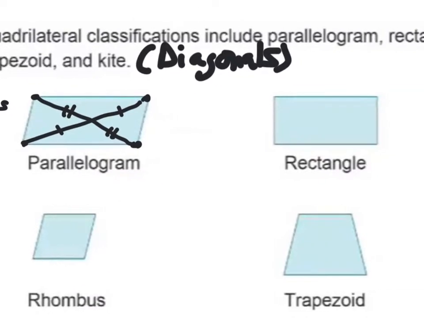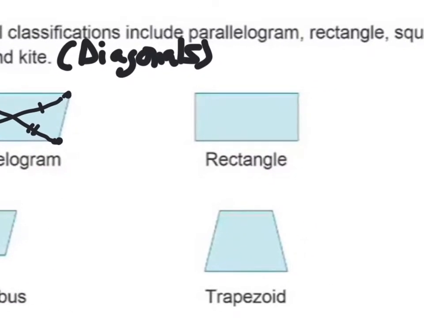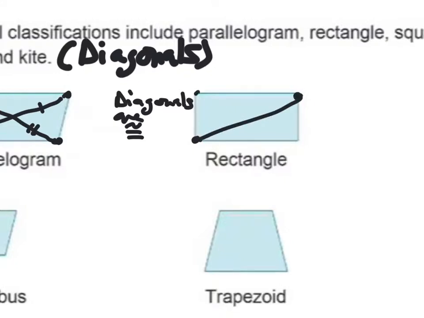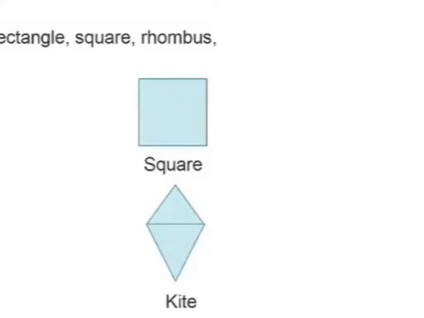In a rectangle, the diagonals are congruent. And they also bisect each other, so I know that all 4 of these lengths are the same. In a square, the diagonals are not only congruent, they are perpendicular, and they bisect each other.